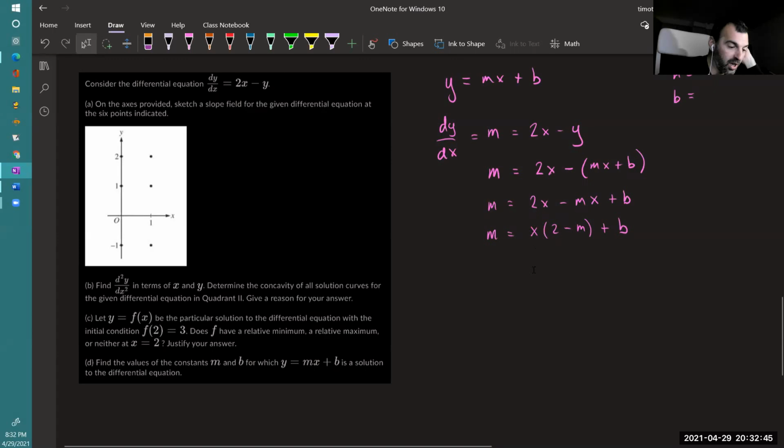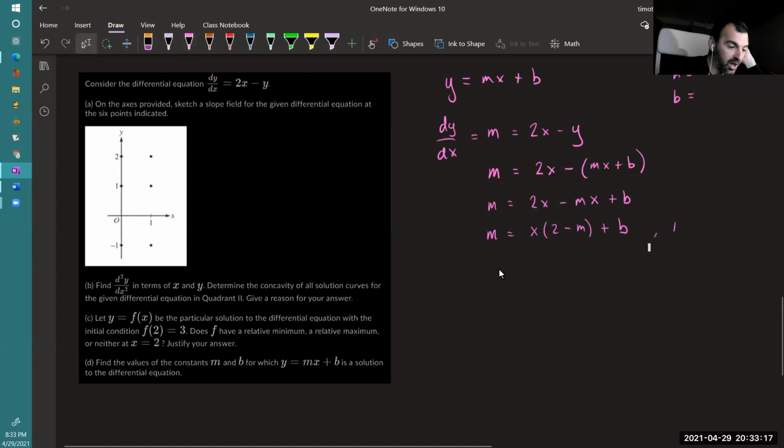That would mean this m and this b function regardless of the value of x, because this is the solution for all x coordinates. So how do I make this x go away? The only way is if m happens to be 2.